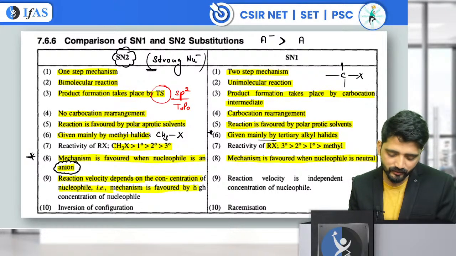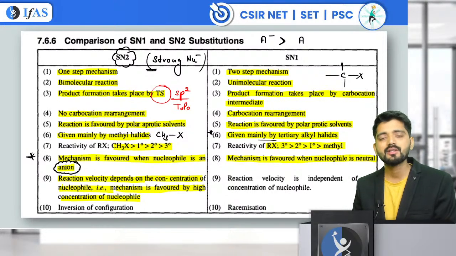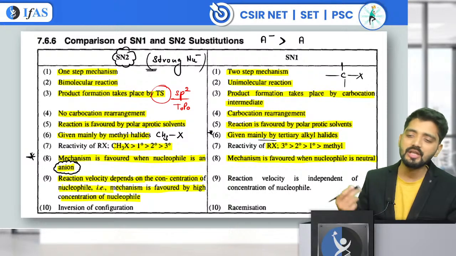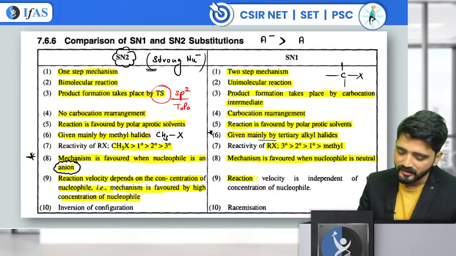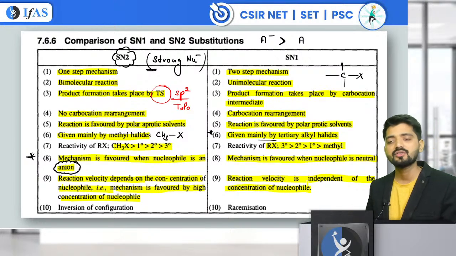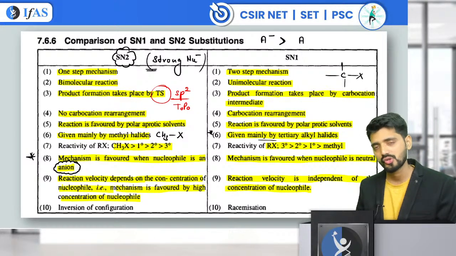That is, the SN2 mechanism is favored by high concentration of nucleophile. Rate is dependent upon the concentration of nucleophile. Higher the concentration, higher will be the rate of the reaction. And at the SN1 side, it is saying that reaction velocity is independent of the concentration of the nucleophile. With the term velocity, it is trying to explain that the rate is independent of the concentration of nucleophile.